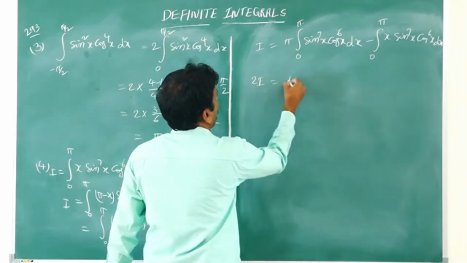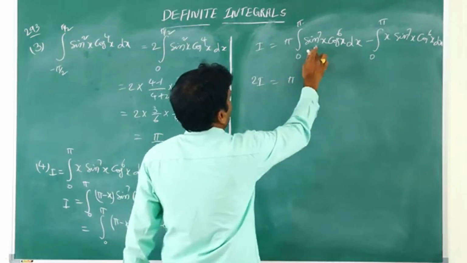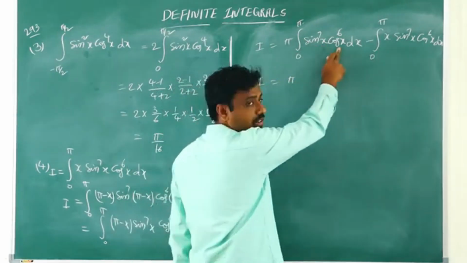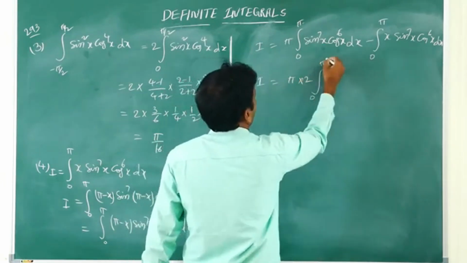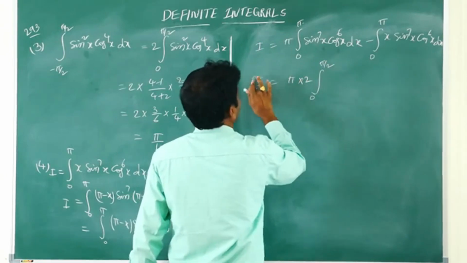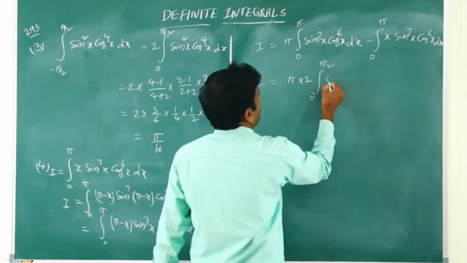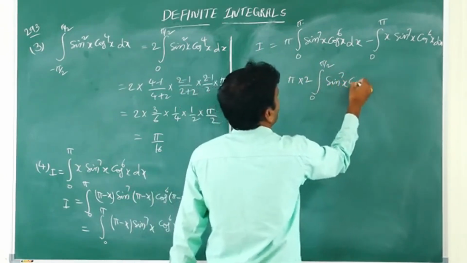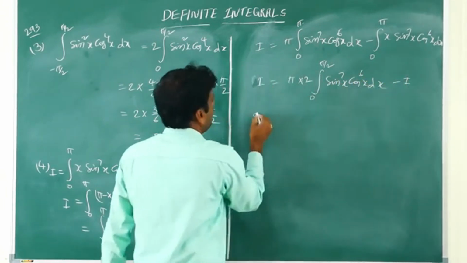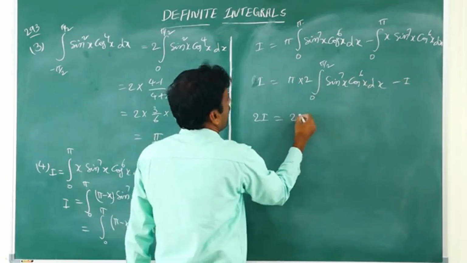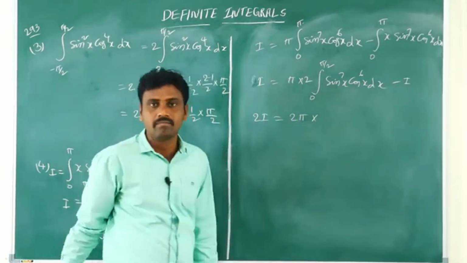2I equal to pi into integral, sin of pi minus x positive, cos of pi minus x positive. Therefore 2 into integral 0 to pi by 2 sin power 7x cos power 6x dx. I plus I is 2I equal to 2 pi times I(m, n).